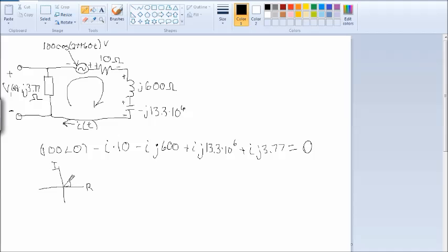So this is the angle right here. That would be about 45 degrees. If that angle was 45 degrees, then this is how we would draw the line. Since our angle is 0, our line is just straight on this real axis with a magnitude of 100.